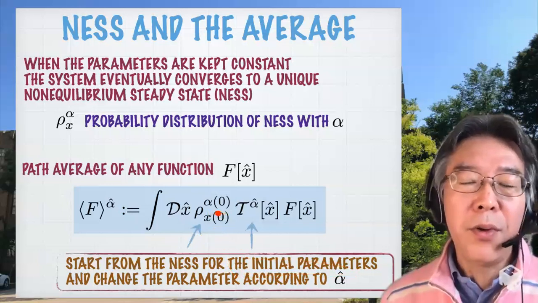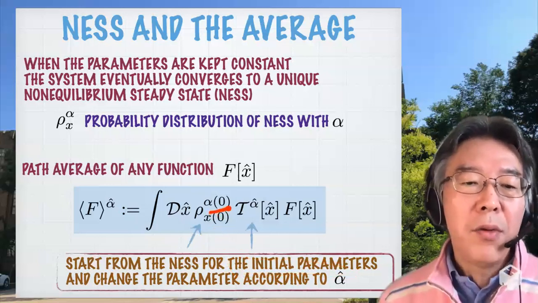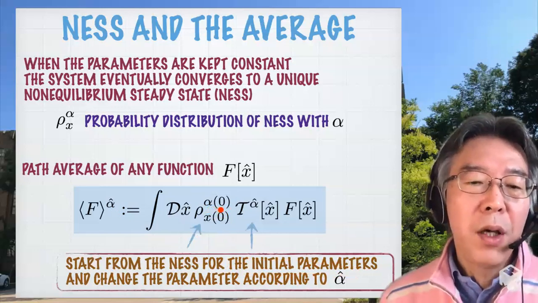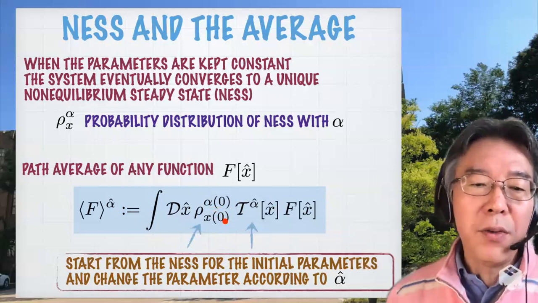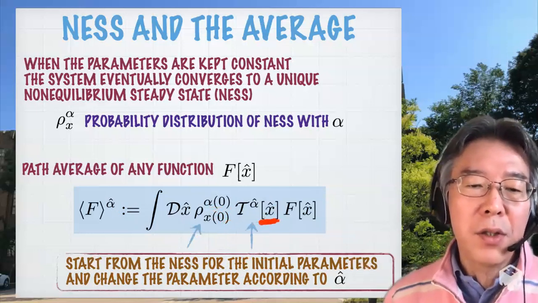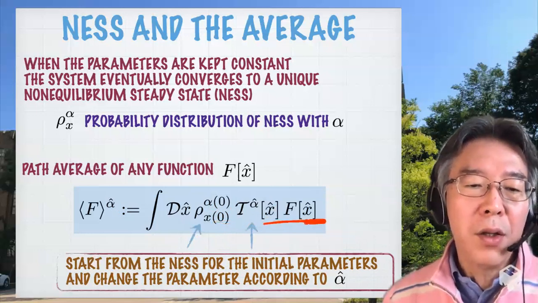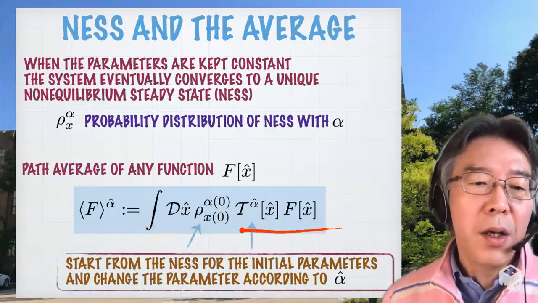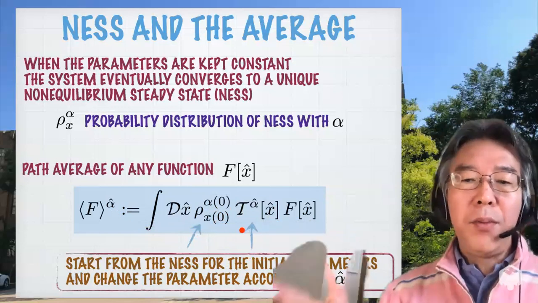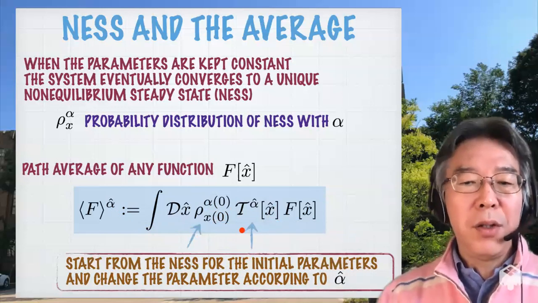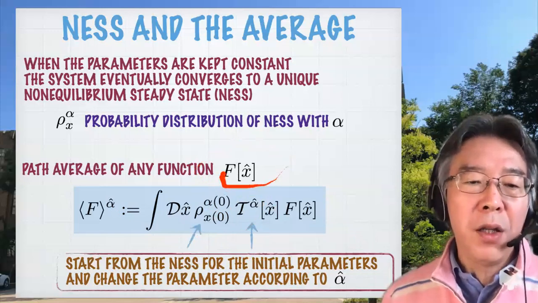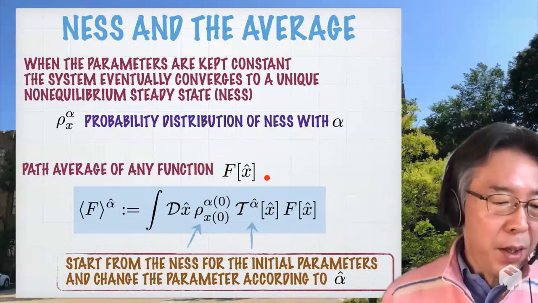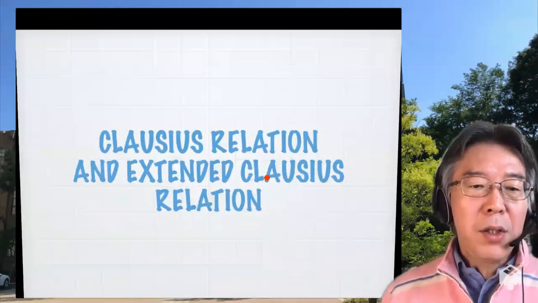So you are first in NESS with parameter alpha 0, and then you start your protocol and you start changing your alpha, and the state of the system changes according to this, and then you simply average. So you start from a NESS with alpha 0, do your protocol, and consider the average of any function f of the path. Okay, so that's the basic setting.